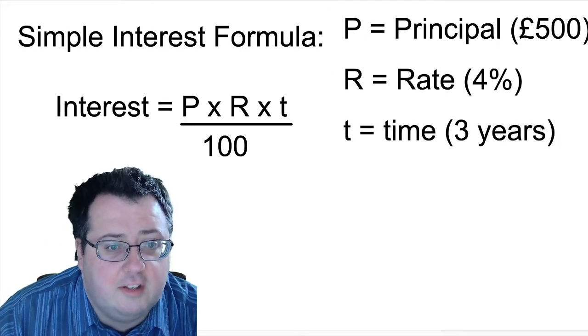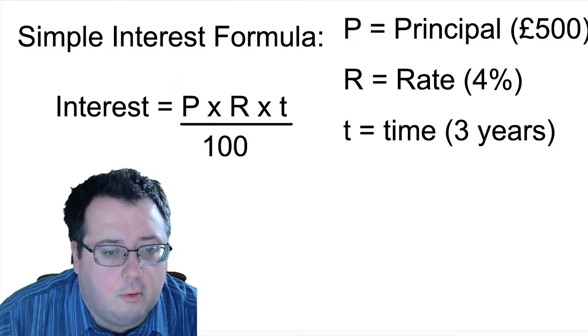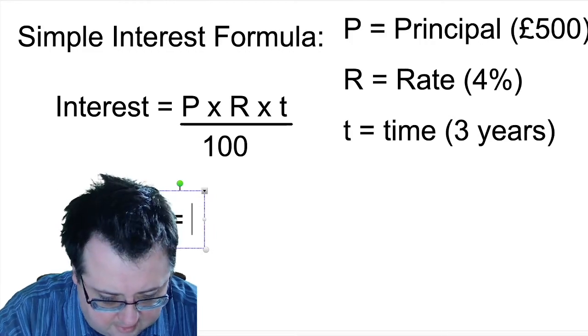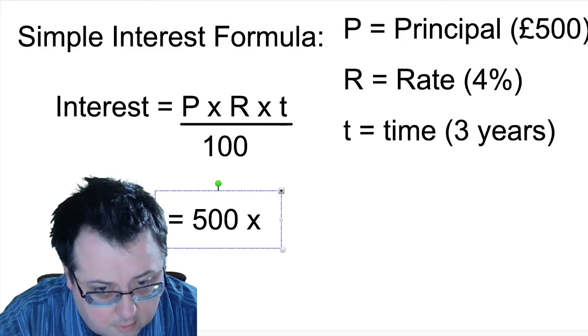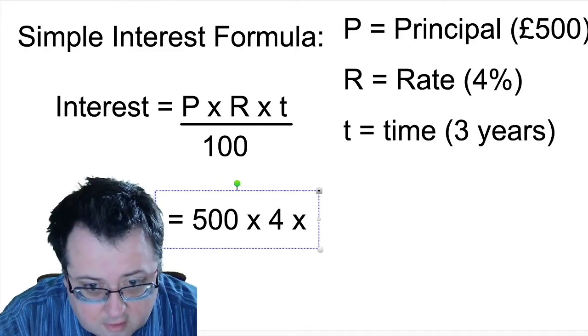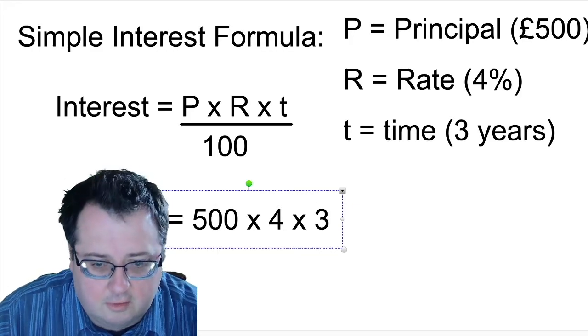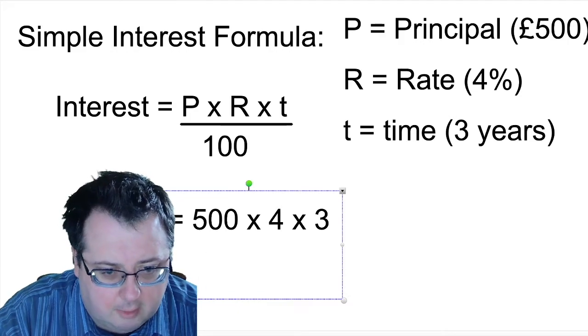So if we put that into the formula here, I will get, I'll put it on the next line, equals 500 times 4 times 3. And then if I go on to the next line, divide by 100.